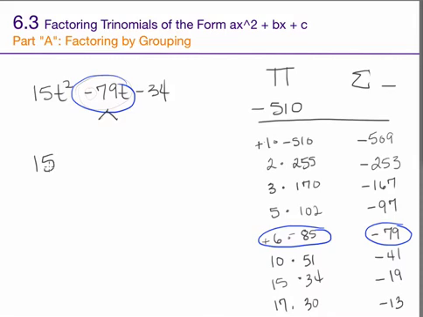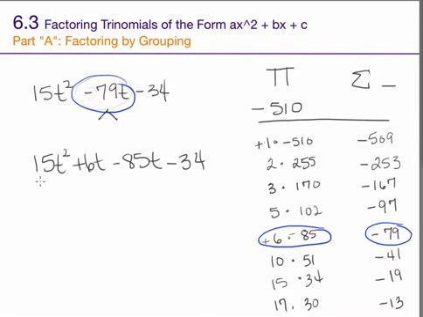That means I can rewrite my problem with, instead of 79t in the middle, negative 85t plus 6t, or plus 6t minus 85t. It doesn't matter. The commutative property of addition tells me that I can put these in either order. And it turns out that your answer will be the same as well, although the factors will be reversed.